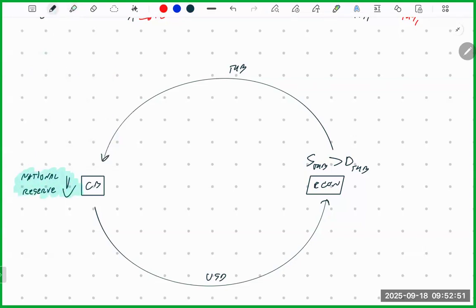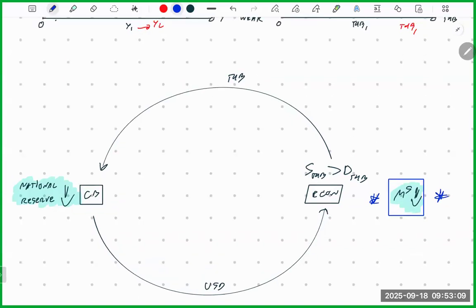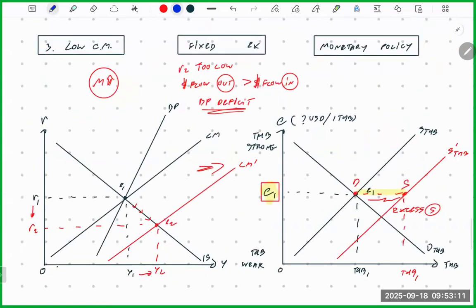Okay, people sell Thai baht back to the central bank. Thai baht in the economy becomes lower. Nominal money supply becomes lower, right? This is a key. Nominal money supply in the economy becomes lower. M becomes lower and has an effect bouncing back to the IS-LM and BP.